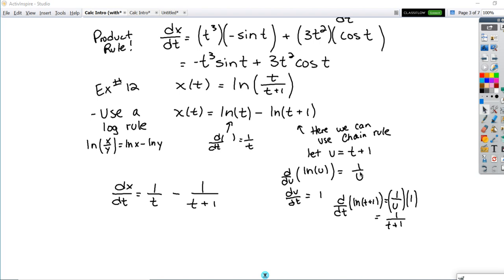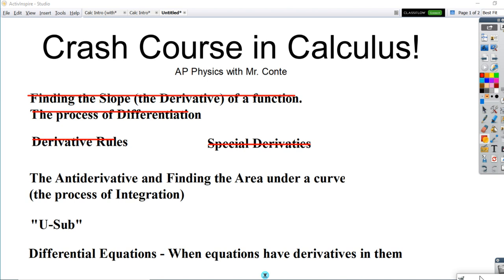And so we get the 1 over u, substituting back the t plus 1, we get 1 over t plus 1 times this derivative, which is 1. So you get 1 over t plus 1. So the two derivative terms, you have 1 over t minus 1 over t plus 1. You can keep it like that, or you could put them under some common denominator, but you could leave it like that as well.